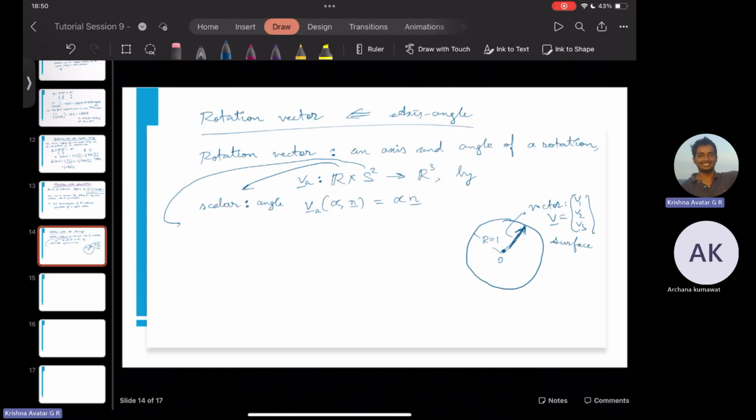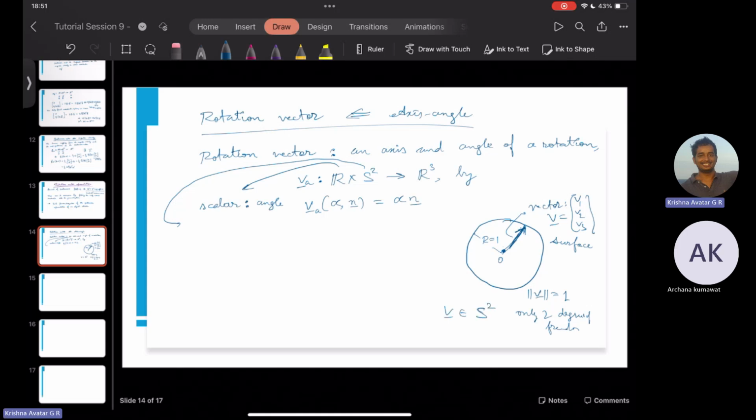If we know 2, the third is easily known. Why? Because the norm of this vector is equal to 1. Because of which it has only 2 degrees of freedom. And we say the vector v is an element of S2.